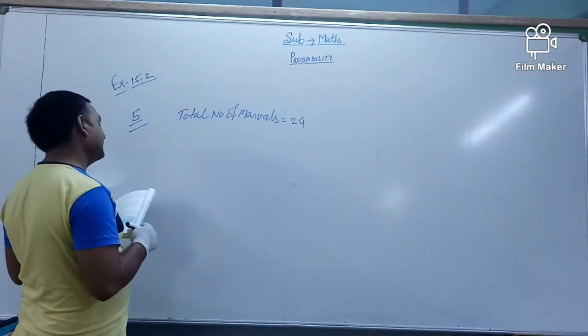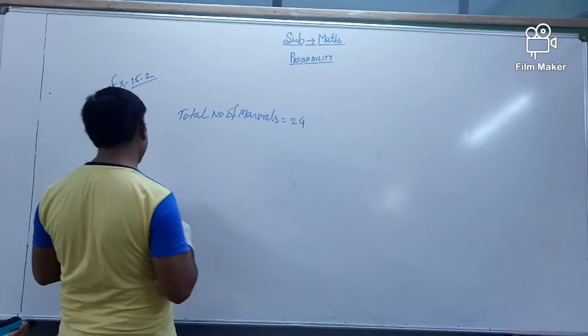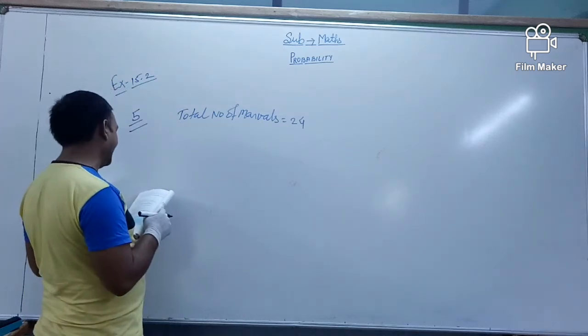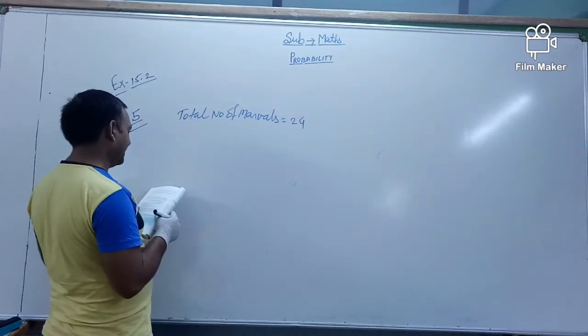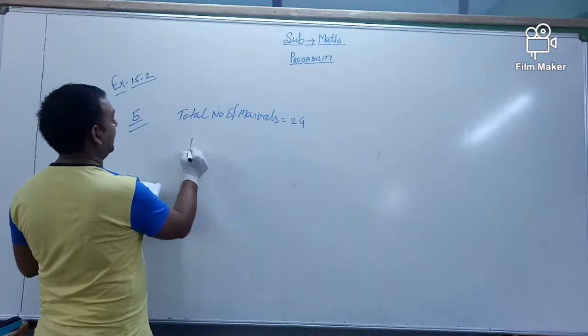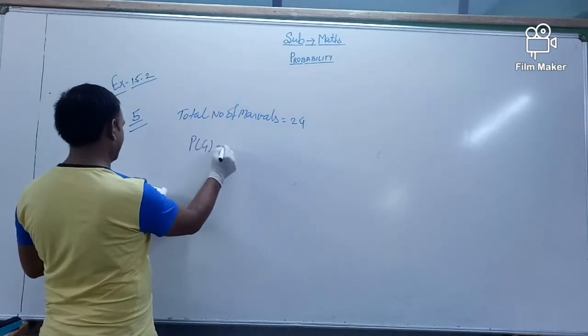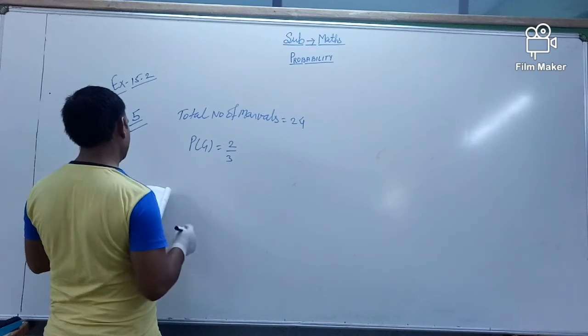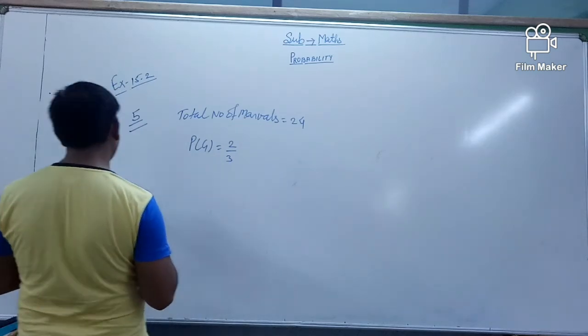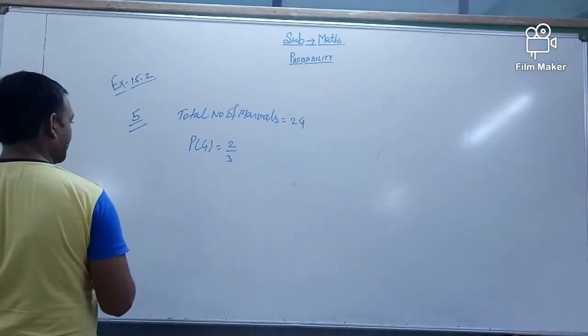Some are green and others are blue. If a marble is drawn at random from the jar, the probability of green is equal to 2 by 3. Then find the number of blue marbles in the jar.